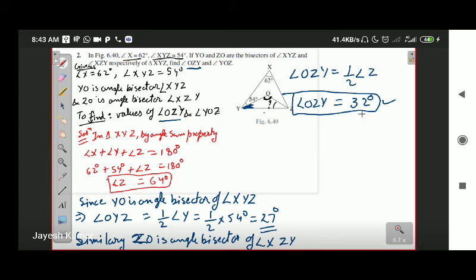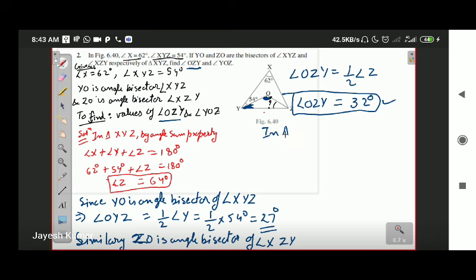We have determined it. Next, we have to determine this angle O. For it, we are going to use the angle sum property once again, since OYZ becomes a triangle.